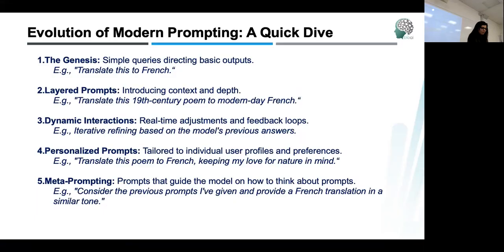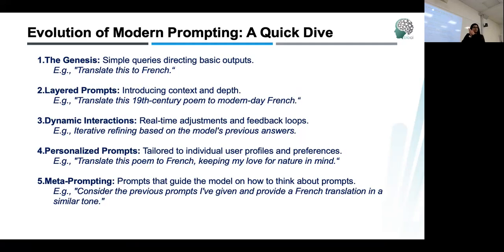Now I'll shift to the prompting techniques. This slide is just to show you a quick dive on how modern prompting evolved. It started from simple queries and directing basic outputs, like translate into French. And then came layered prompting, which introduced context and depth into it.